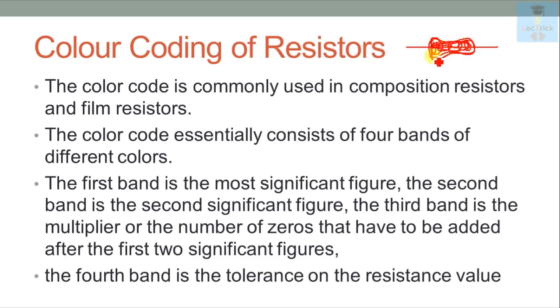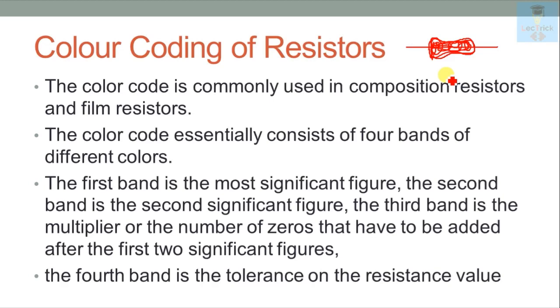So here any end you can connect, and you will see different colors. They indicate the rating of the resistor, that is, the resistance value. For example, for a 10 ohm resistor there will be a specific color. In the next slide, we will see the chart, and based on that we will identify which resistor has which value.